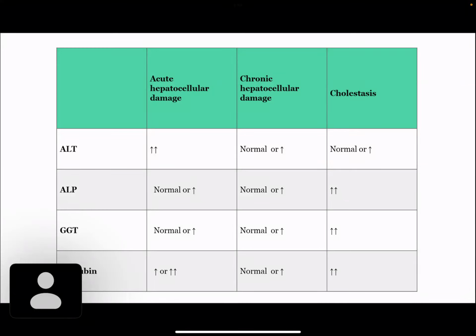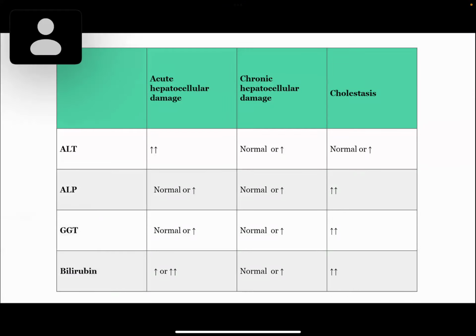Regarding cholestatic enzymes, alkaline phosphatase and GGT, in acute hepatocellular injury they are either normal or mildly elevated. The same in chronic hepatocellular injury, while in cholestatic or infiltrative disease they are highly elevated.